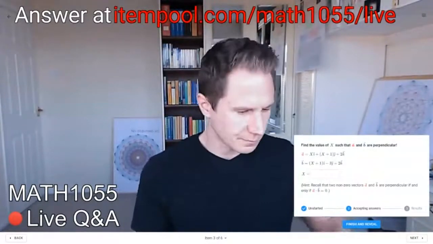Okay, so this problem is to find the value of x, written in the coordinates of A and B, such that A and B are perpendicular to each other. The vector A has coordinates x plus 1 and 2, and the vector B has coordinates x plus 1, minus 3, and plus 2.